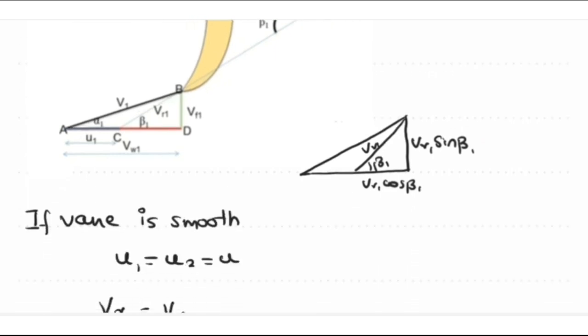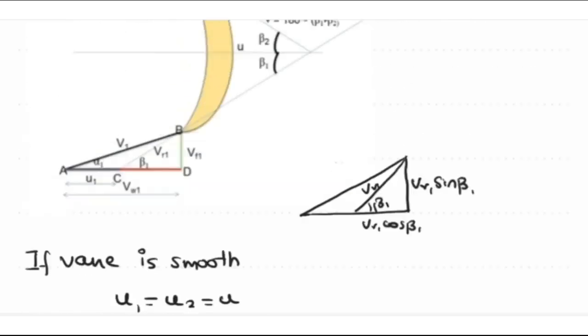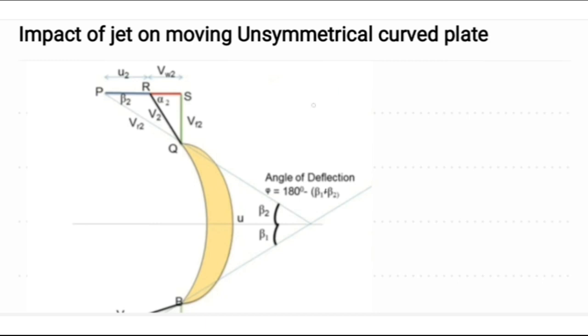So the initial velocity in the direction of motion of the jet is Vr1 cos beta 1, minus the final velocity. Similarly in the outlet triangle, you can see Vr2 is making an angle beta 2.